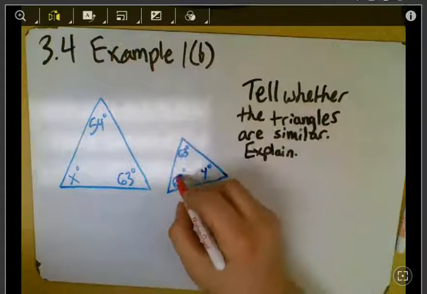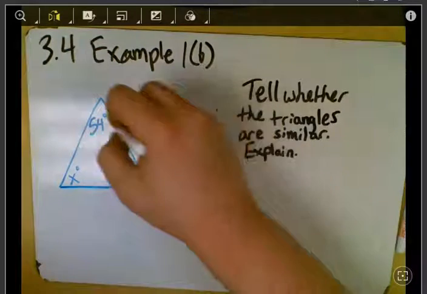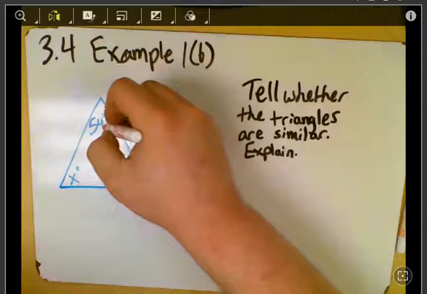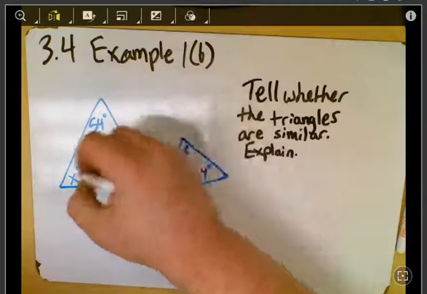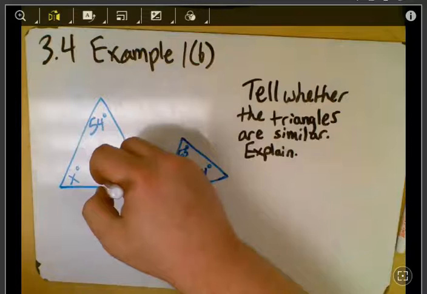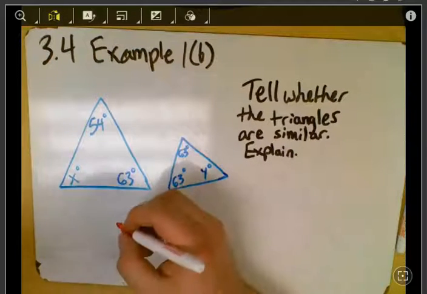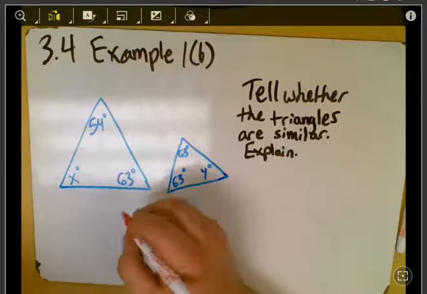So we do have a pair here. We have 63 and 63. But the other two that we have aren't congruent. So we need to check and see what x and y are to see if we have similar triangles. So let's set up an equation and solve it to find x here.